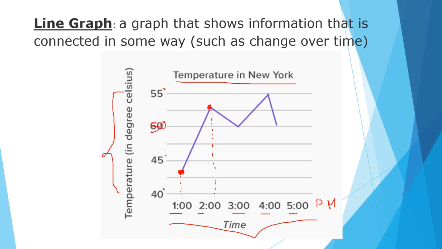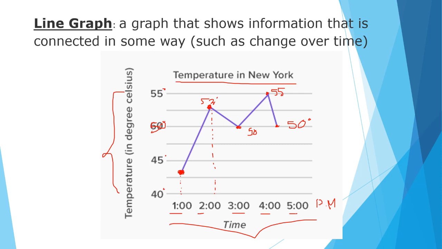So let's say around 53, and then at 3 p.m., let's say, eksakto talaga siya sa 50. And then at 4, eksakto talagang 55 degrees. Okay? And then at 5, 50 ulit. 50 degrees Celsius.